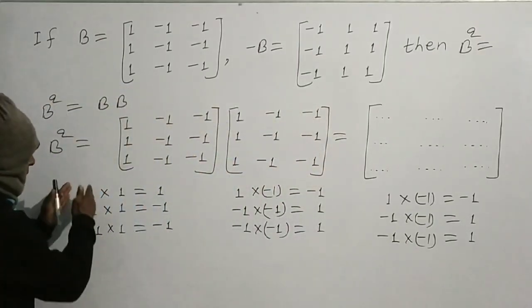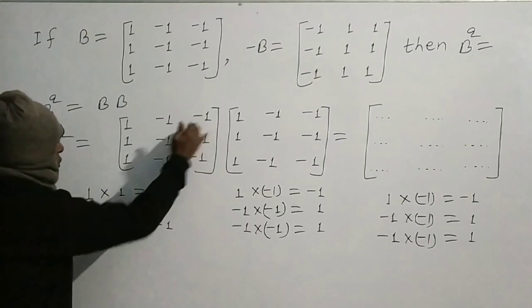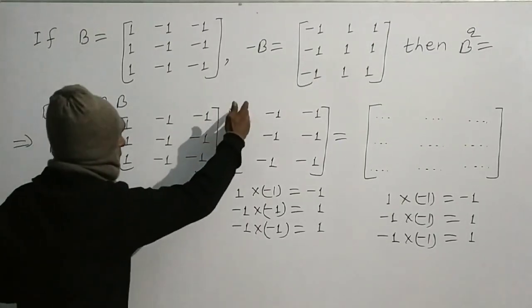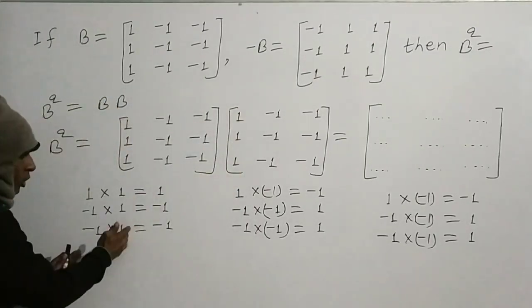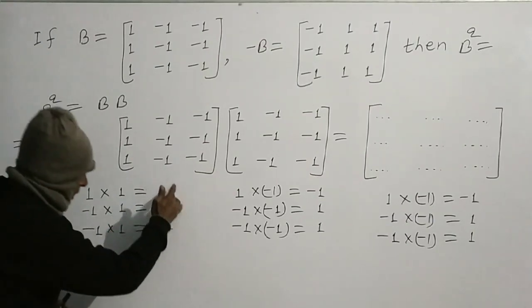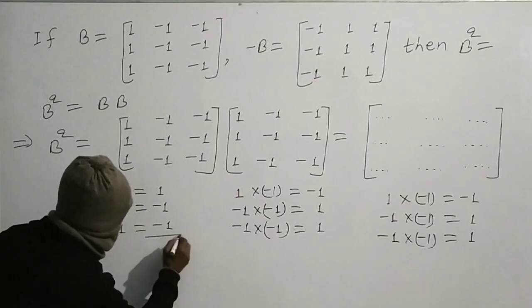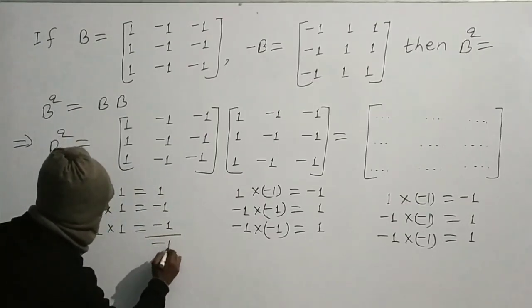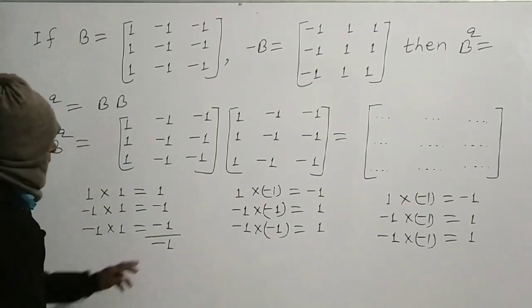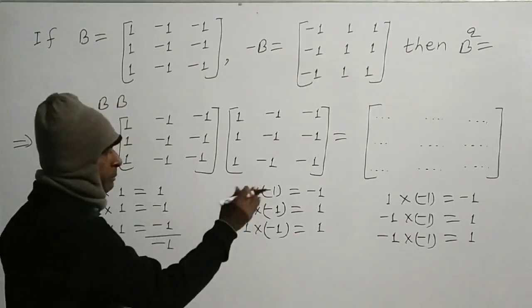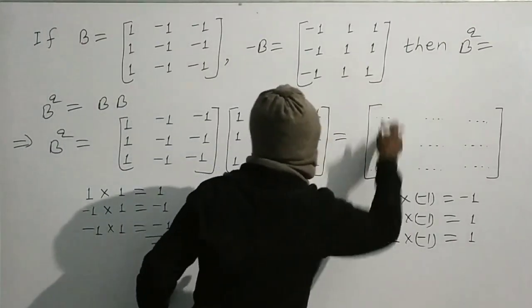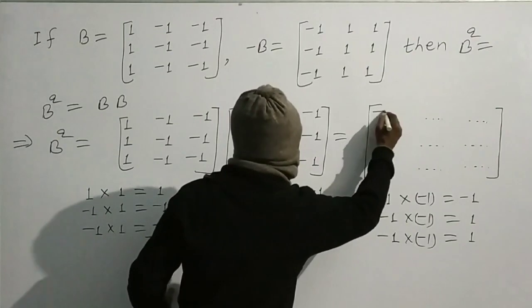Now multiply this first row with elements of the first column. Find these three products. Add these three products to get minus 1 and write in place of first row and first column.